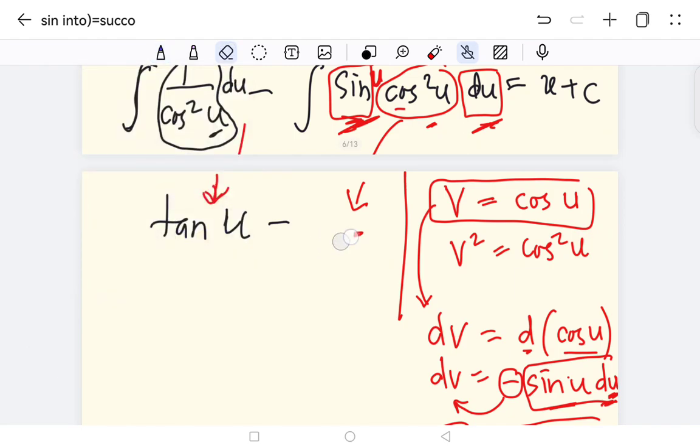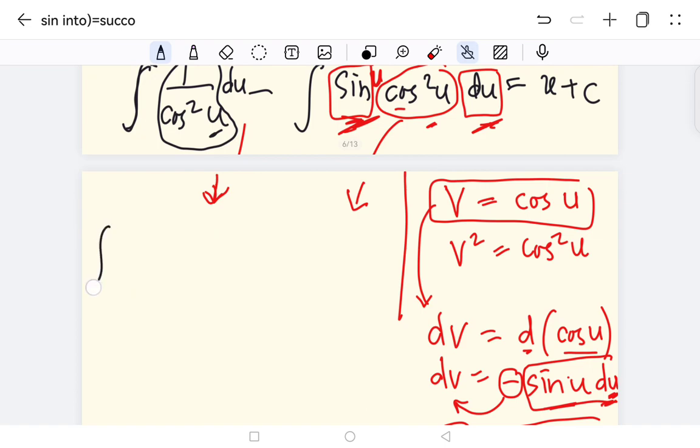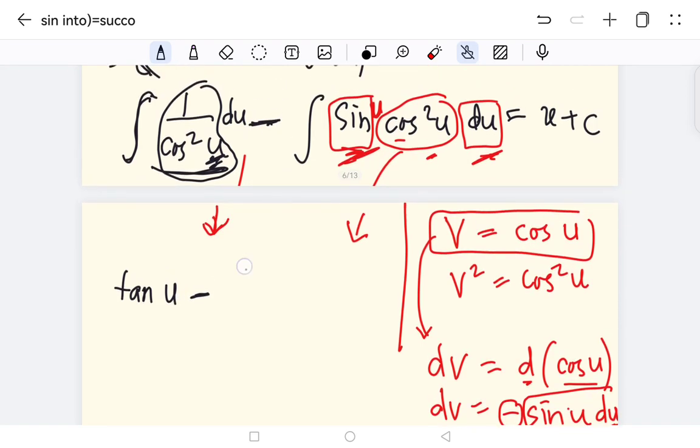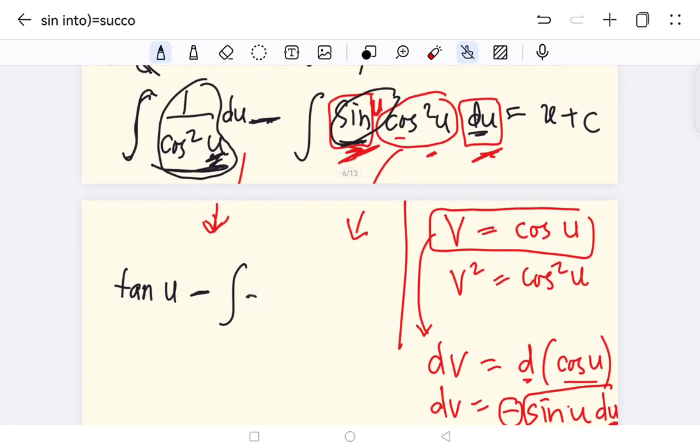So on here, let me put it on the left side, with more details. So now the integral of this is tangent, right? Tangent of u minus... so the integral of sine u du is negative dv. So negative dv over cos squared u.